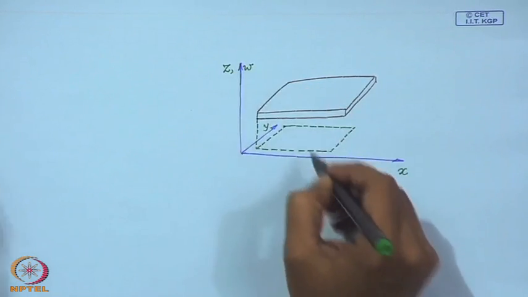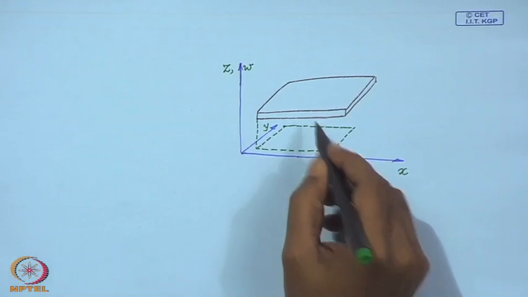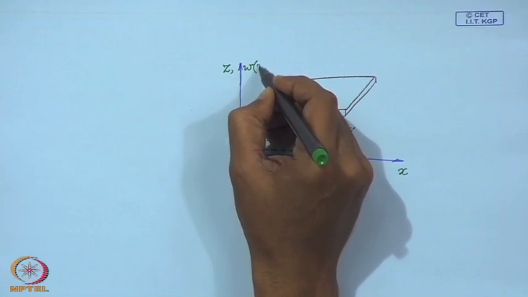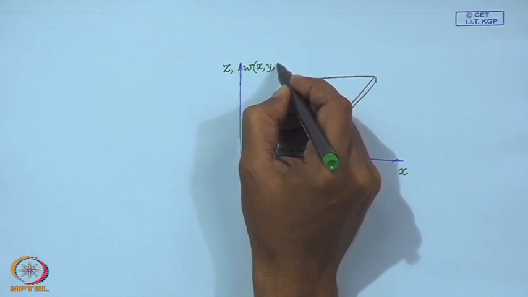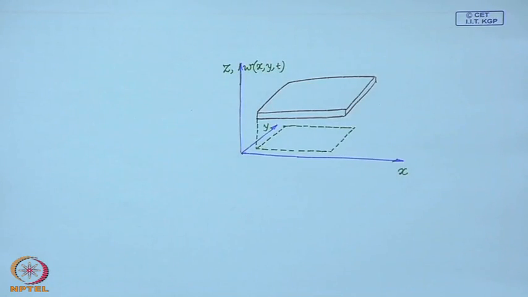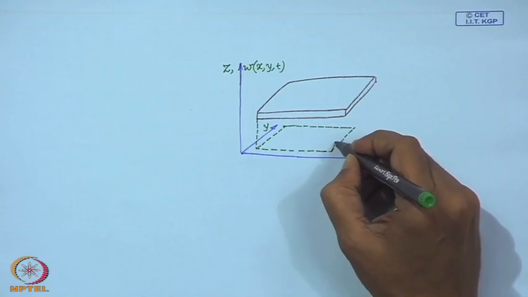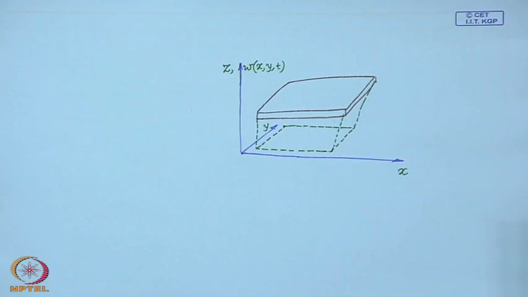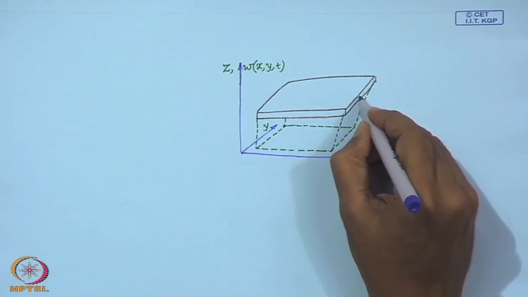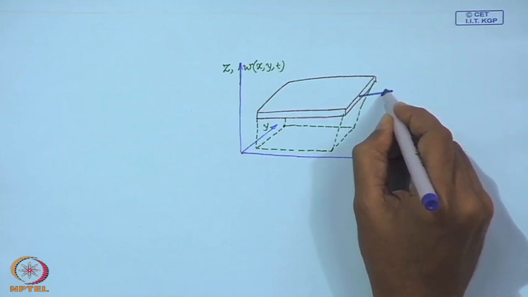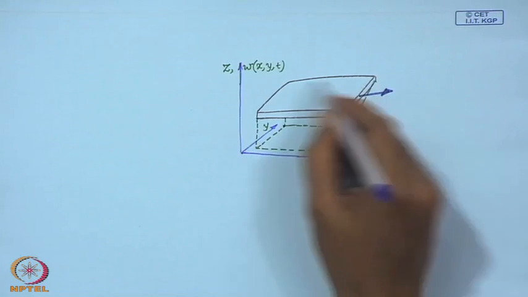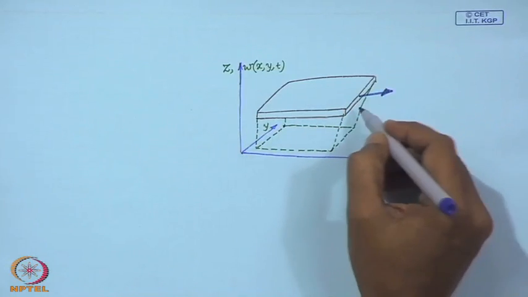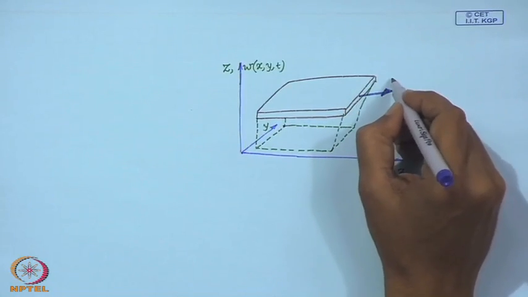In order to locate the membrane, we consider this field variable w, which is a function of x, y and time. Here we have these forces. I have taken a little element of the membrane and I will draw the free body diagram.